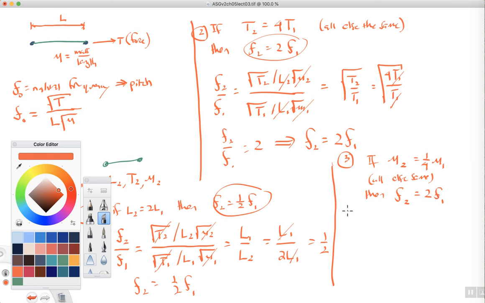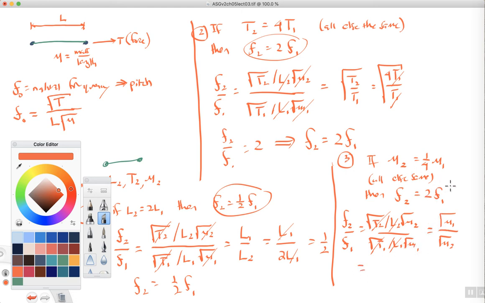Does this work? Let's do it once again. Let's find the ratio F2 to F1, T2 over L2 root mu 2, and T1 over L1 root mu 1. If the tensions are the same and the lengths are the same, we are left with the square root of mu 1 over the square root of mu 2, because these were in the denominator of the denominator, so it comes to the numerator.